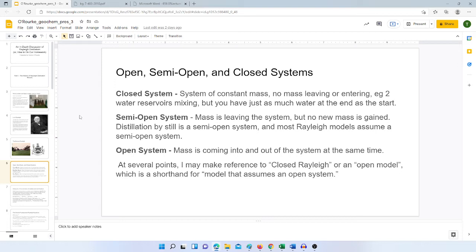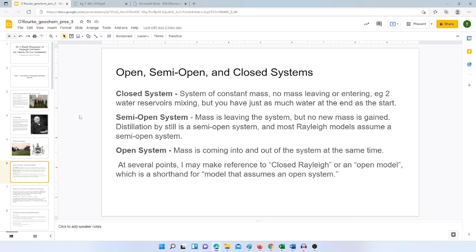And these tend to come up whenever you have like two reservoirs of water coming together. Semi-open systems are when mass is leaving the apparatus, but no new mass is coming in, right? So all distillation problems are, on some level, semi-open systems, and most Rayleigh models assume a semi-open system.